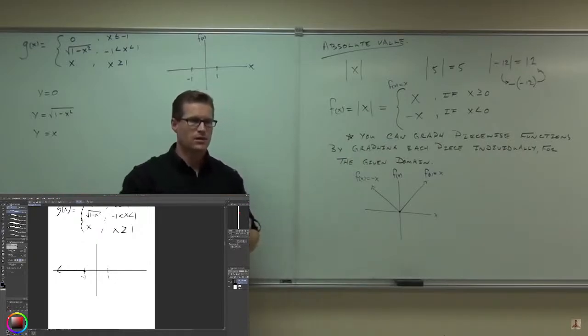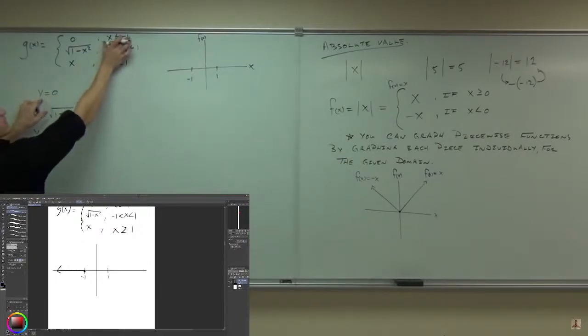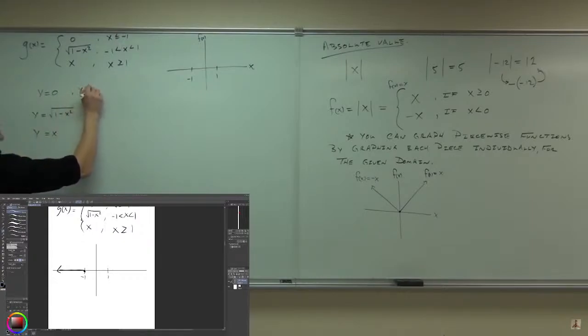Do you see that? Okay, so this is the piece that's working where your x is less than -1 or equal to it. This is the piece that's working when you're between.